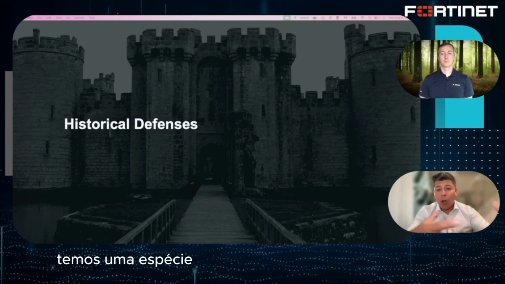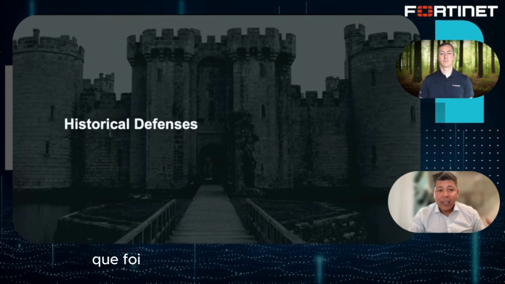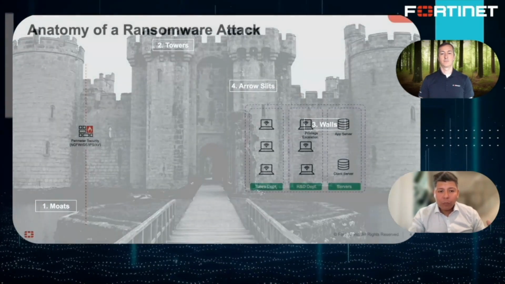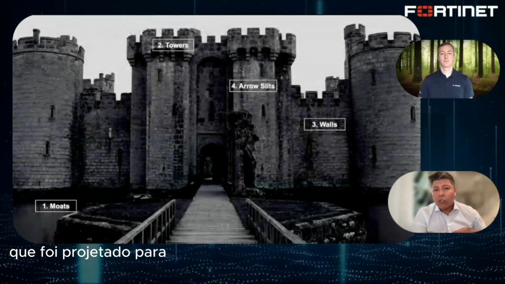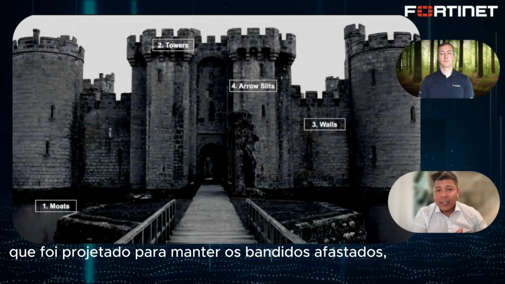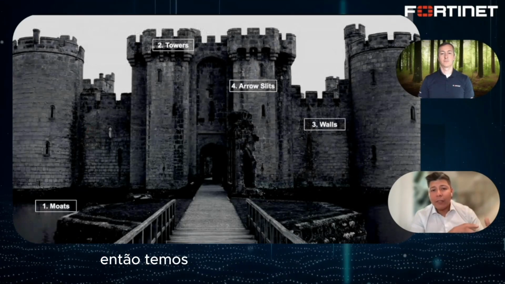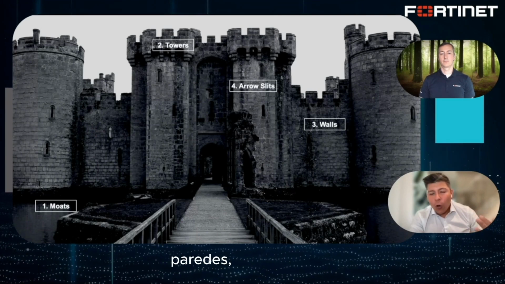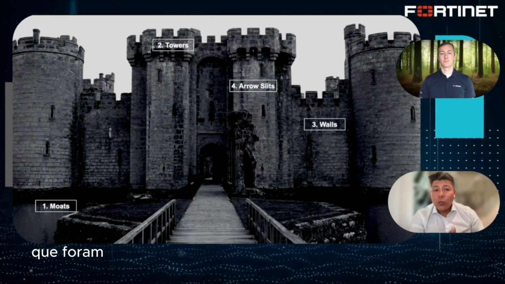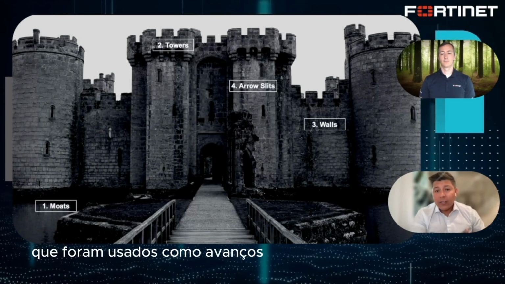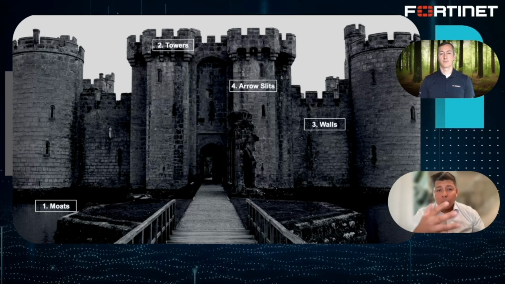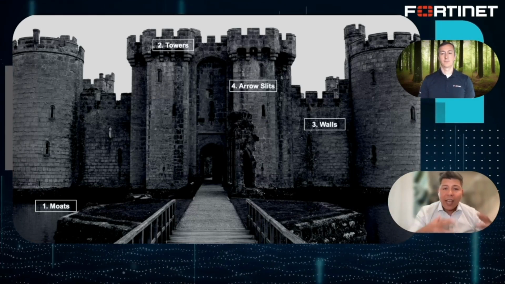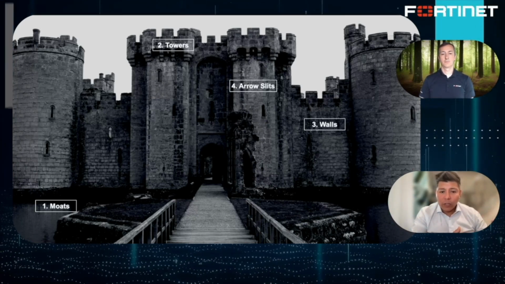We have a hardened perimeter designed to keep the bad guys out, with things like moats, towers, arrow slits, walls, etc., used as technological advances to safeguard what was happening inside the castle walls.